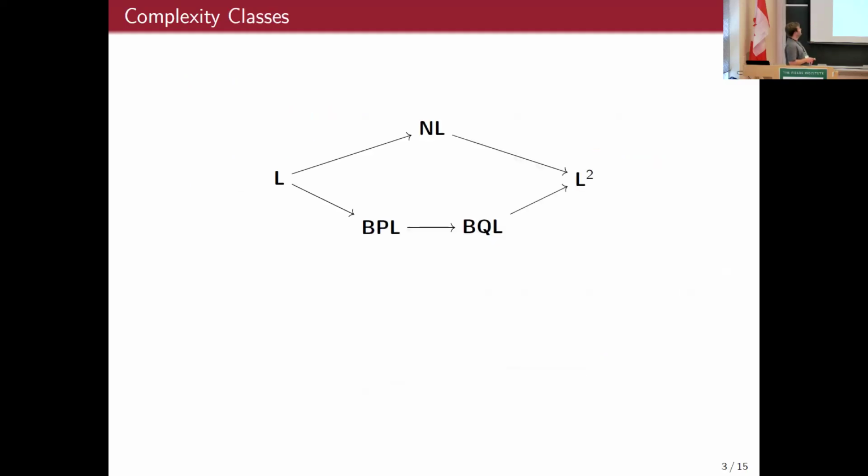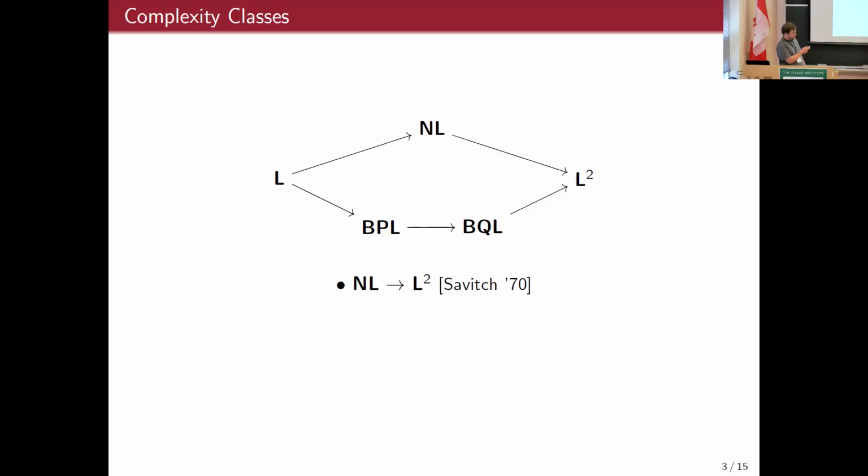Okay, so this is a little overview of how these classes relate. Some of these inclusions are trivial, for example, L being in NL, of course, because you can just ignore the certificate. L is, of course, also in BPL because we need not use the randomness. Also, BPL is in BQL because it's quite easy. We allowed the intermediate measurement, so we can just apply a Hadamard, measure, and then get a random outcome.